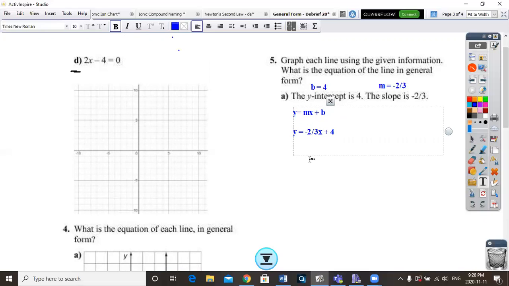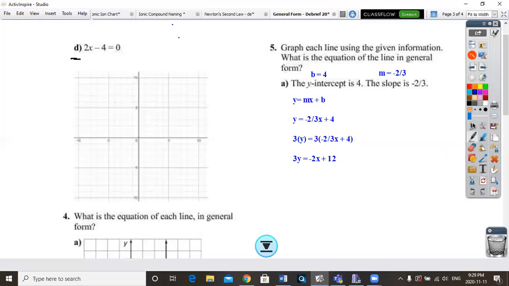So 3y equals 3 times (-2/3 x plus 4). Multiply it out, we have 3y equals, so the 3 cancels, so it's -2x plus 3 times 4, which is 12.